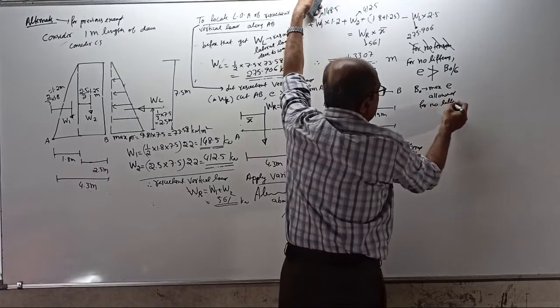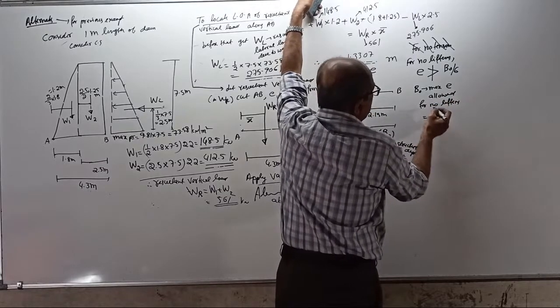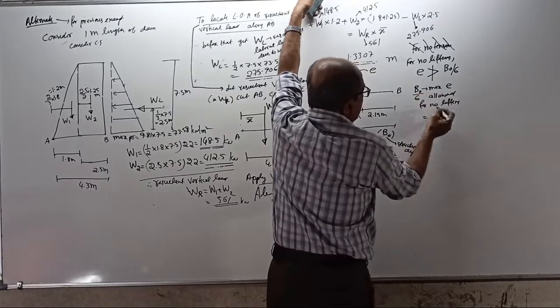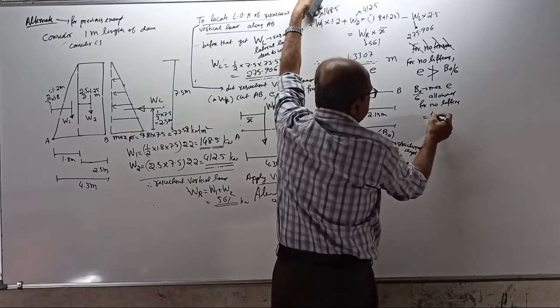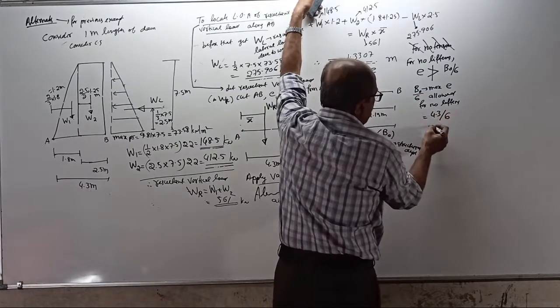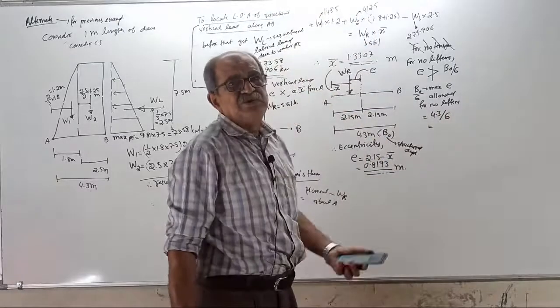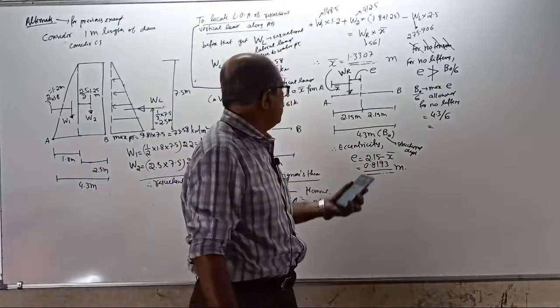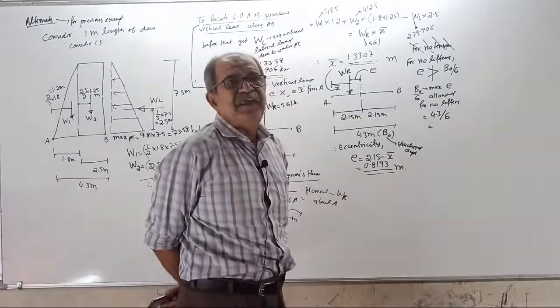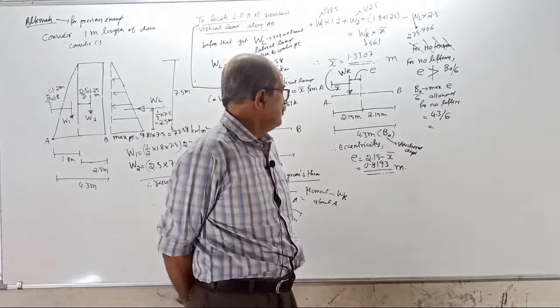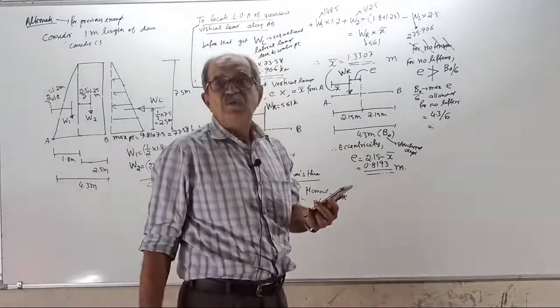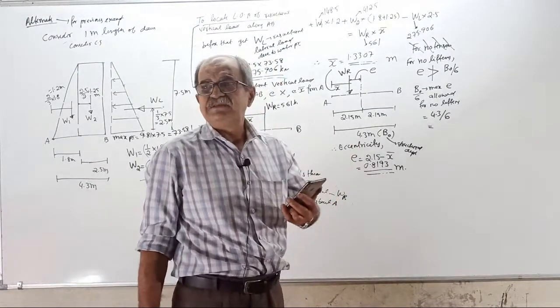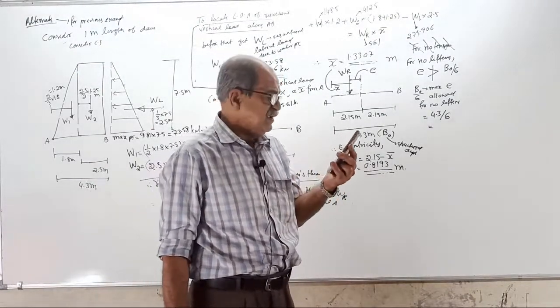B0 by 6 is equal to 4.3 divided by 6. Eccentricity should not exceed 1/6 of the B0. So 4.3 by 6 is the maximum limit for eccentricity.